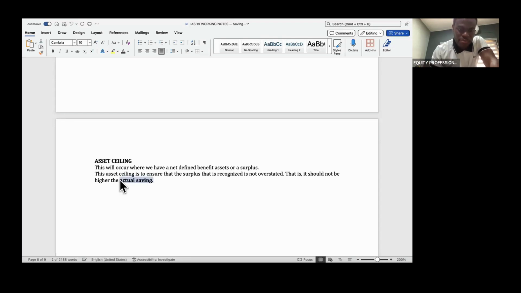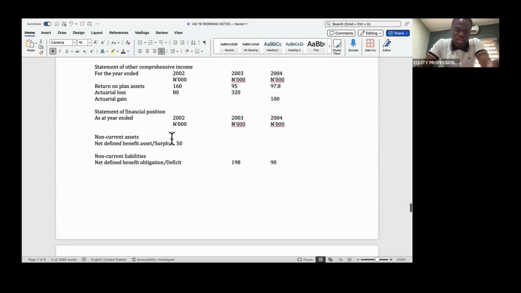What asset ceiling is saying is that, okay, this surplus that you say you have, that your plan asset is higher than your obligation. Like I showed you in this 2002, our plan asset is higher than our obligation by 50. And we went ahead to recognize that 50.